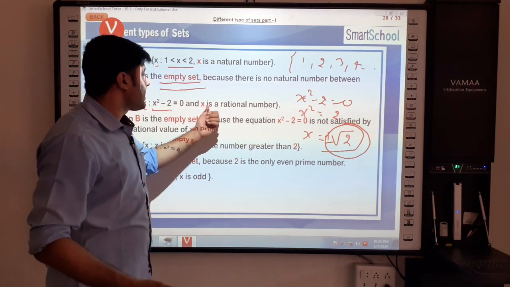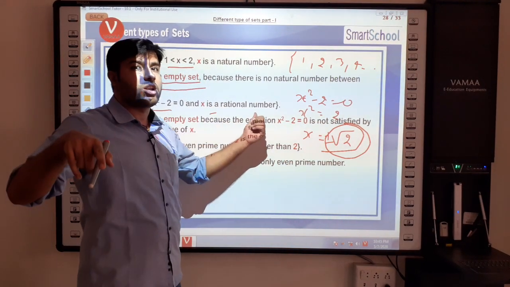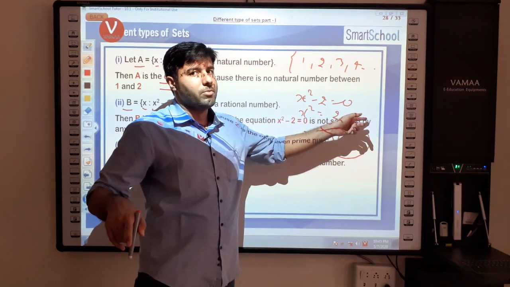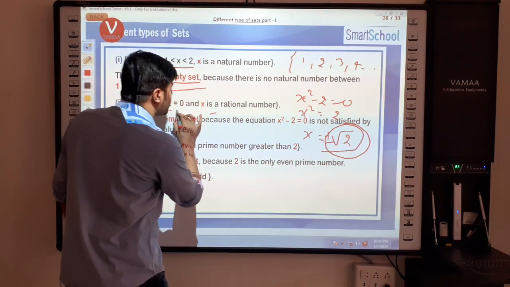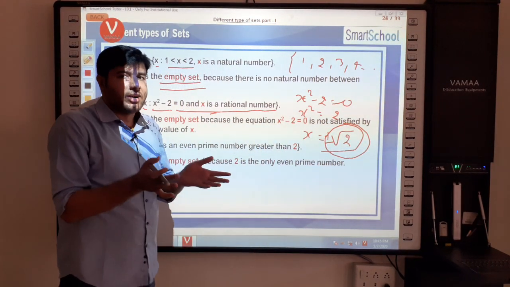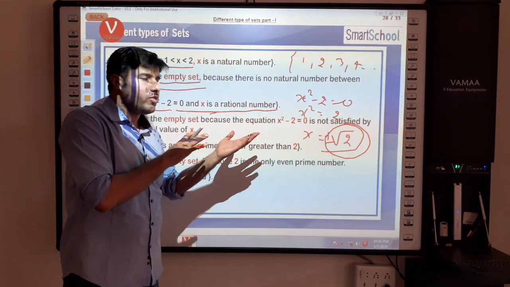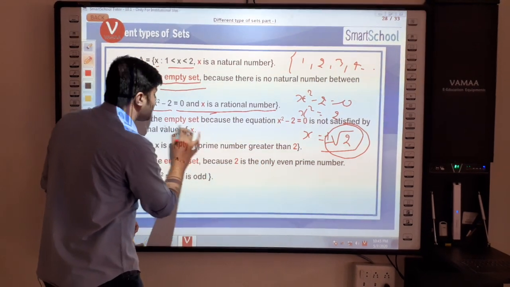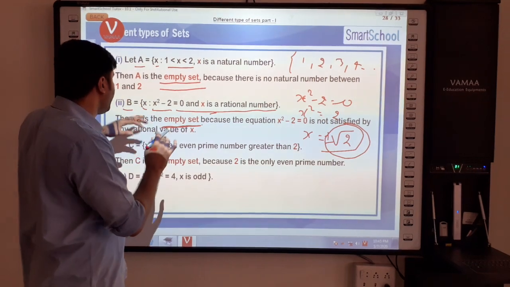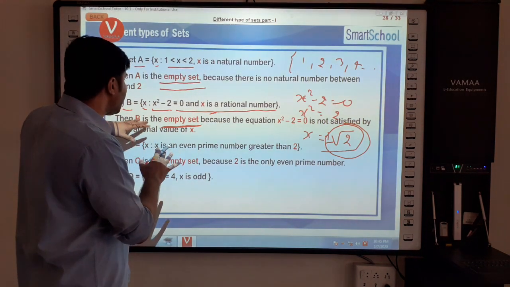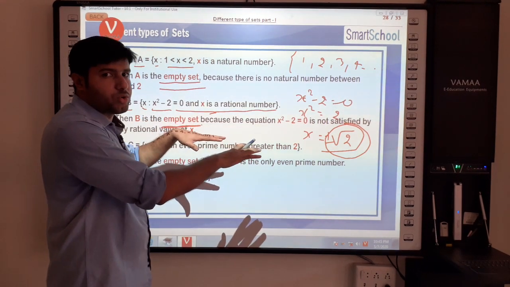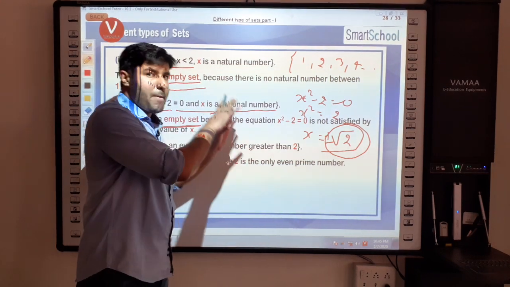But the definition says that x must be a rational number. So they both are not rational numbers. According to both conditions, we are not finding any element in this set, which means this will also be considered an empty set. So set B, given in the second part of the question, is an empty set.